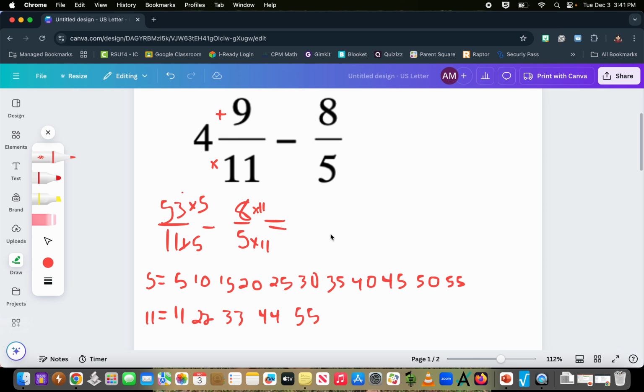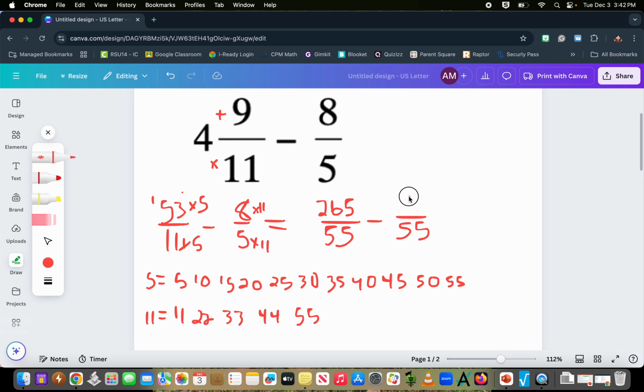So whatever we do to the top, we need to do the bottom. All right, so 53 times 5. We know our denominator is going to be 55. I know that 5 times 3 is 15. And 5 times 5 is 25, plus 1 is 26. So I get this big number of 265 over 55, minus, we know 11 times 5 is going to be 55.